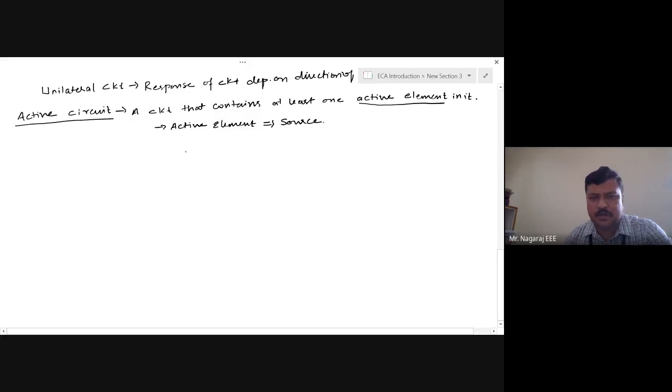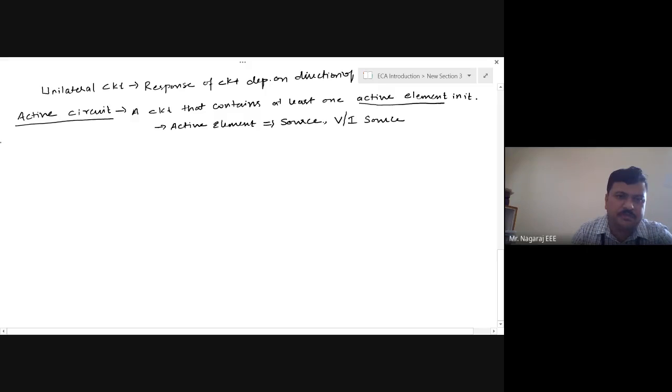So active circuit is one which is having at least one active element or a source. The source can be a voltage or current source. In detail, we will be dealing with voltage and current sources in the coming classes. Right now, you just remember current or voltage source. That circuit is called active circuit.